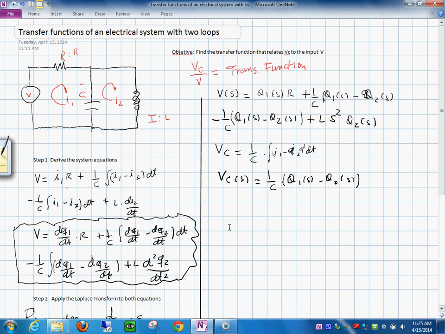So if that's the case, we will have that the element is R plus, in here you have the already transformed, so 1 over C, and then this is going to be Q1.